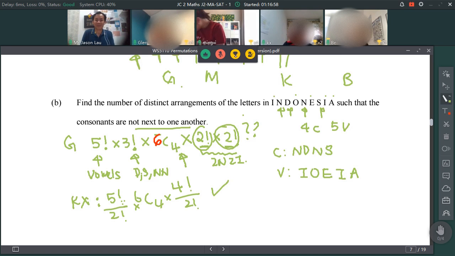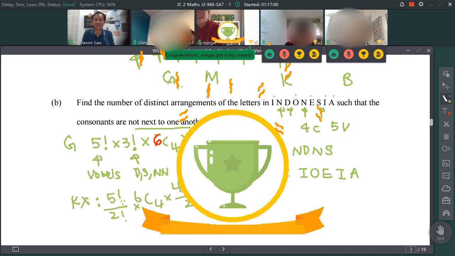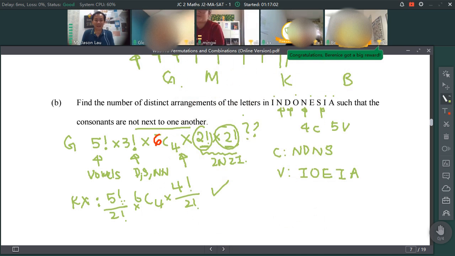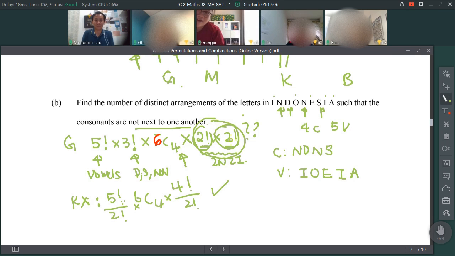It's okay. Yeah, okay. Hannah, I think it's because of this part. Yeah. Oh, yeah, this part. But very weird. How come you want to group the two N together? You actually just let them free running around, because they never say the N must be together or not together. So you don't try to put a constraint to them.